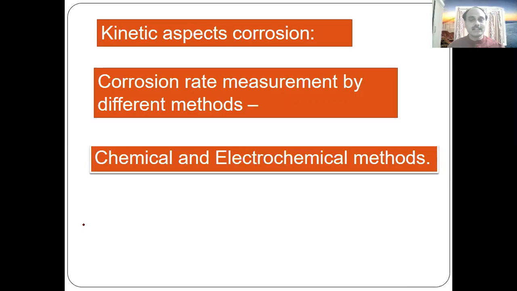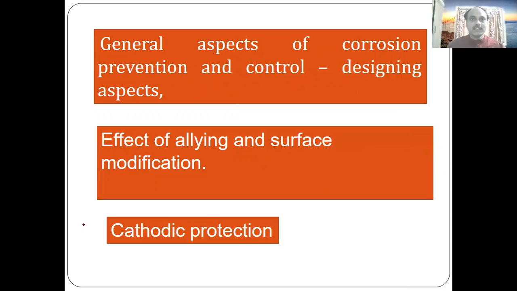You have determined the rate of many reactions in the undergraduate or postgraduate laboratory, like the reaction between K2S2O8 and KI and the hydrolysis of an ester. Likewise, we can also measure the rate of corrosion reactions, by different methods, chemical and electrochemical methods.